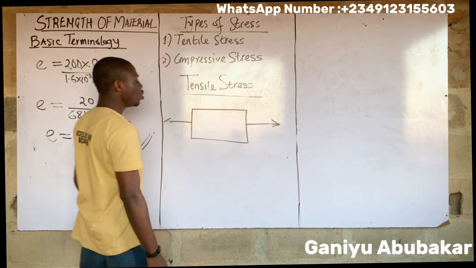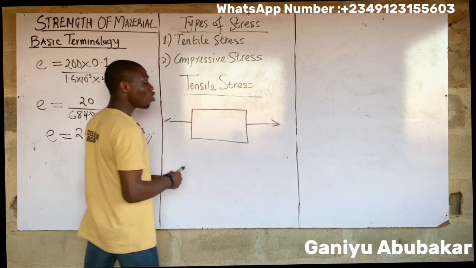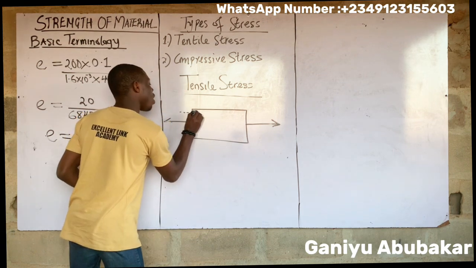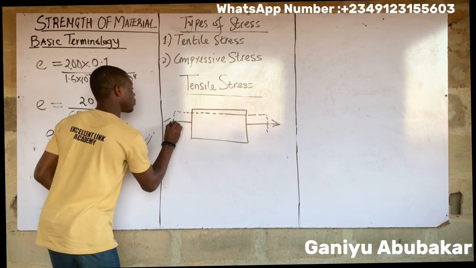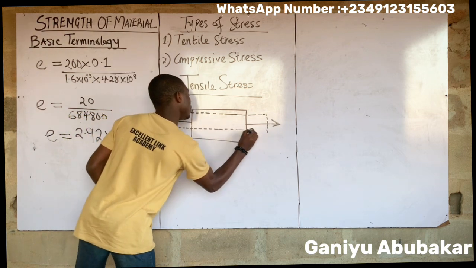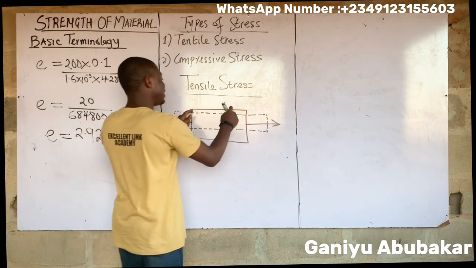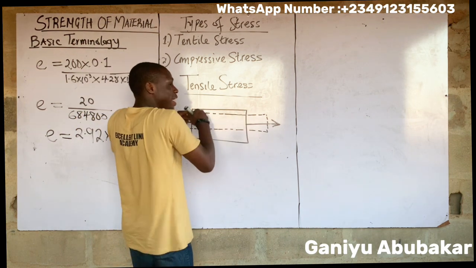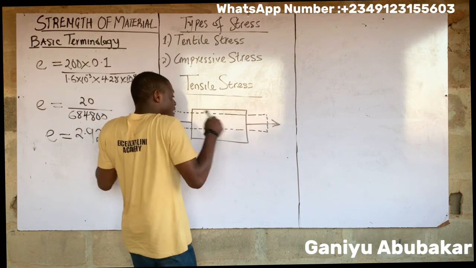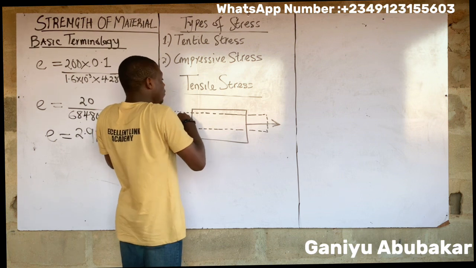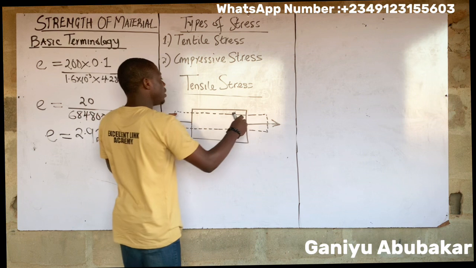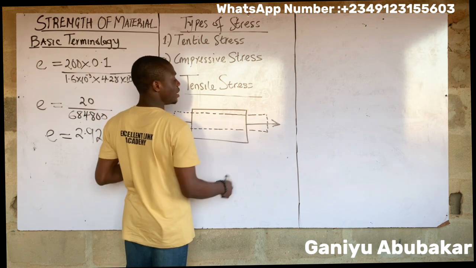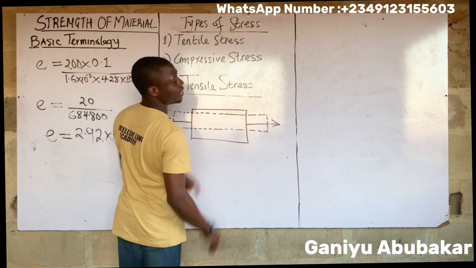That's tensile. If I draw this material, observe that I'll have something of this nature. If I elongate the original material, the length will increase, while the height decreases.